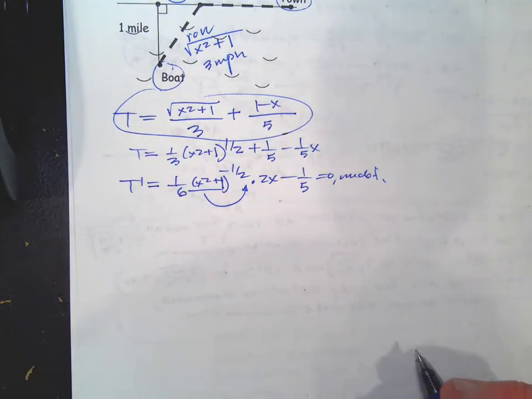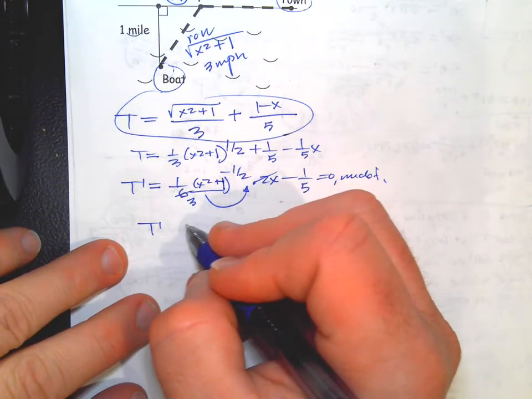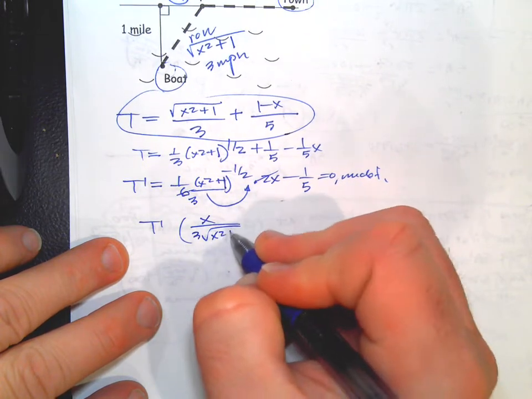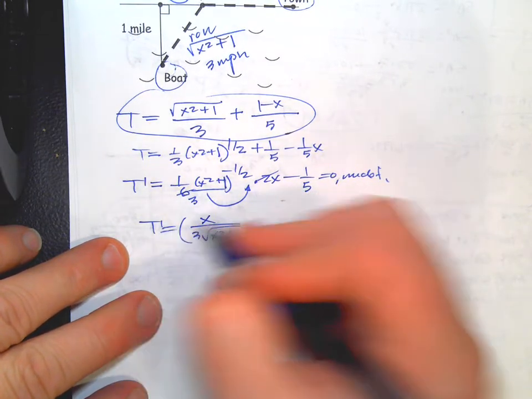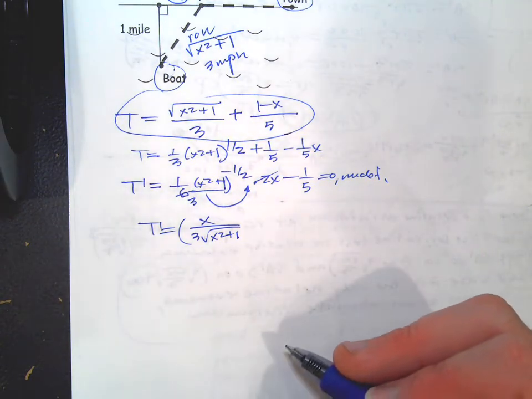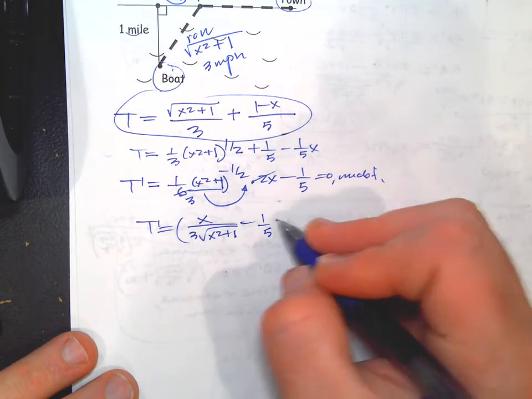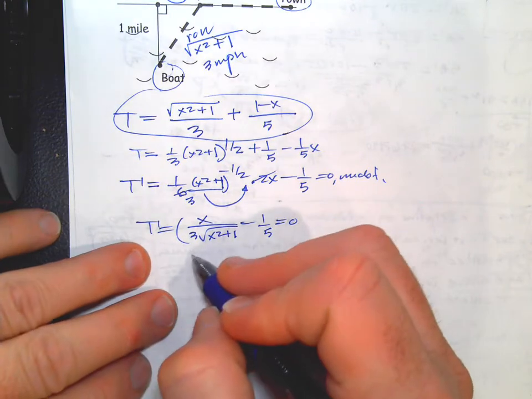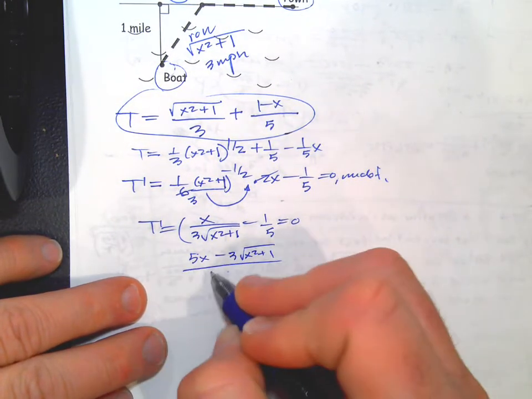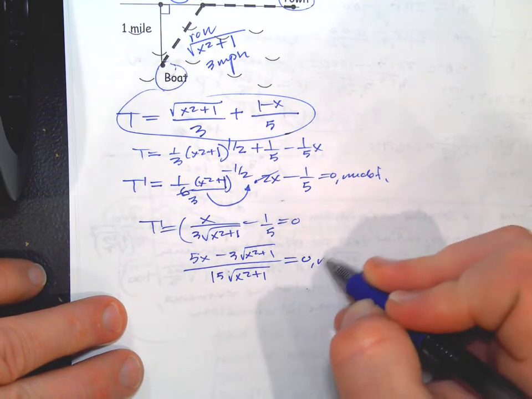Now it's pretty ugly. So t prime equals x over 3 square root of x squared plus 1 minus 1/5. So we need to get a least common denominator. So it's going to be 5x minus 3 square root of x squared plus 1 over 15 square root of x squared plus 1 equals 0 or undefined.